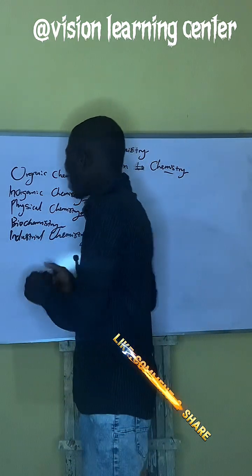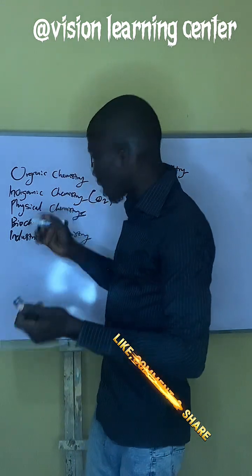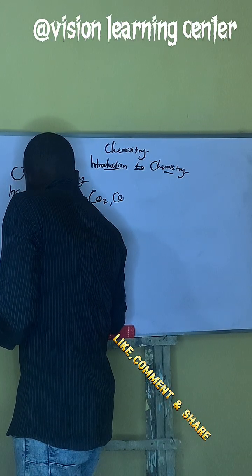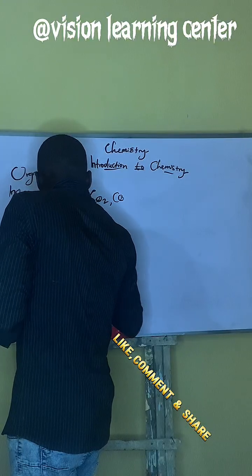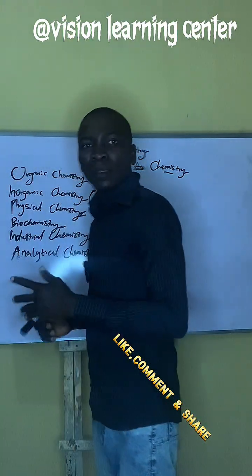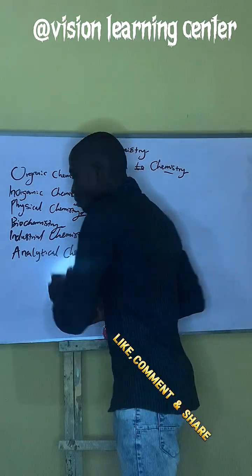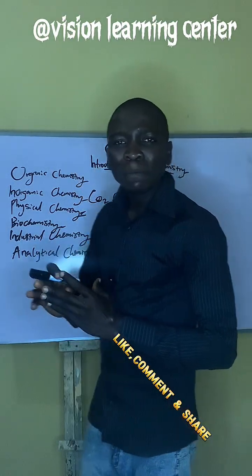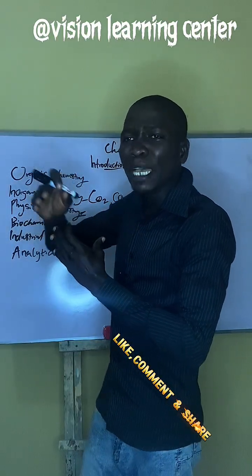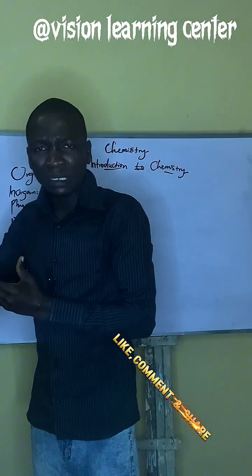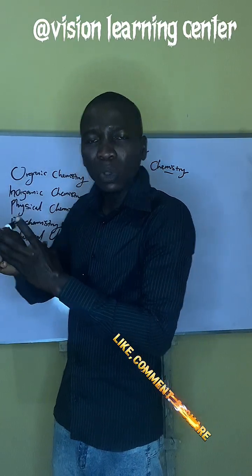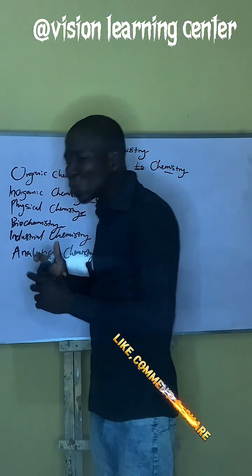Okay, then we have another one which we call analytical chemistry. In this type of chemistry, they study the identification and measuring of chemical components. They identify and measure the chemical component.